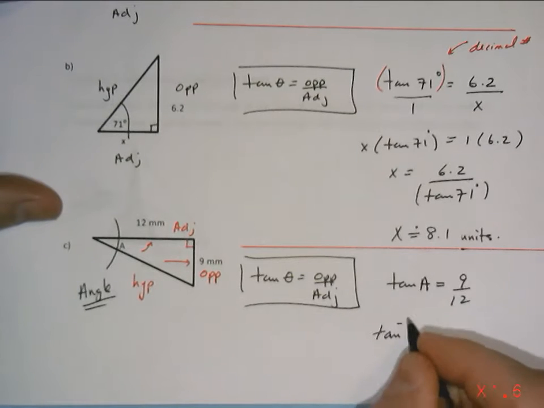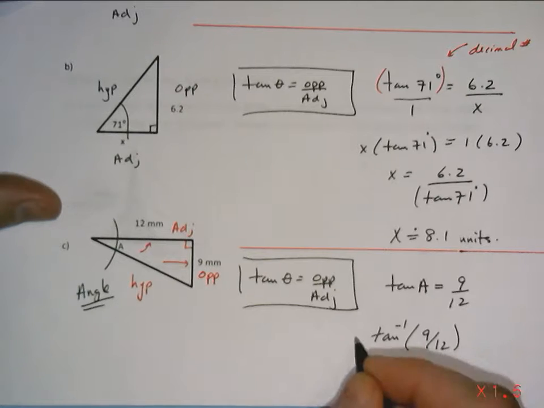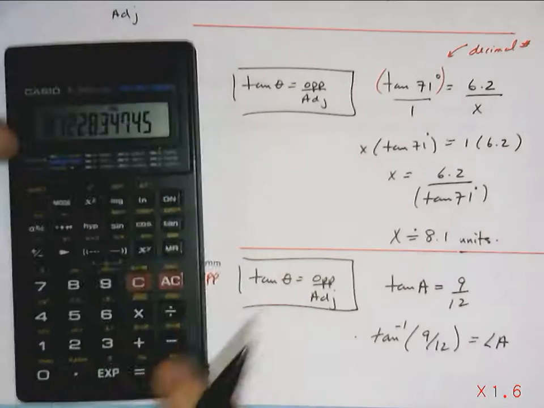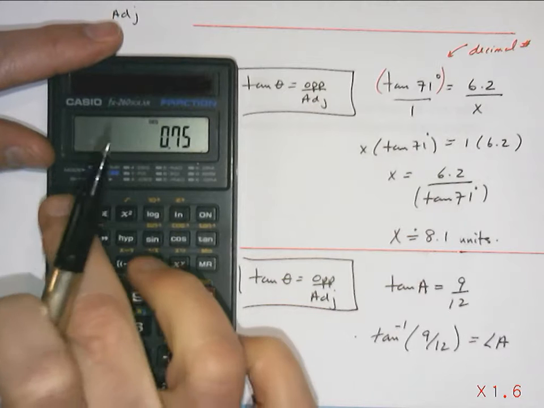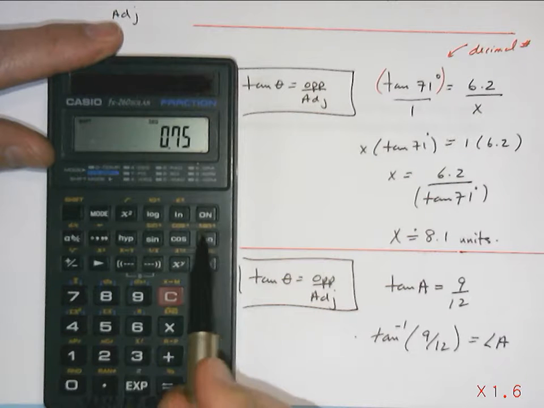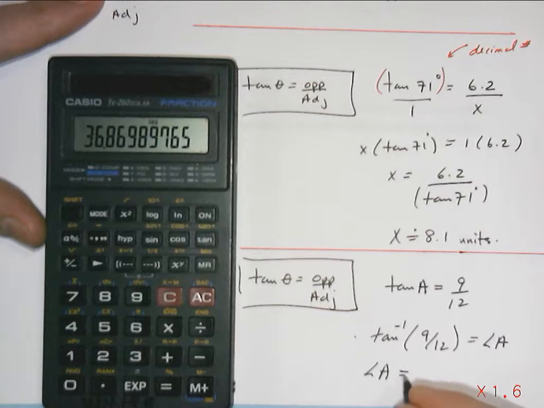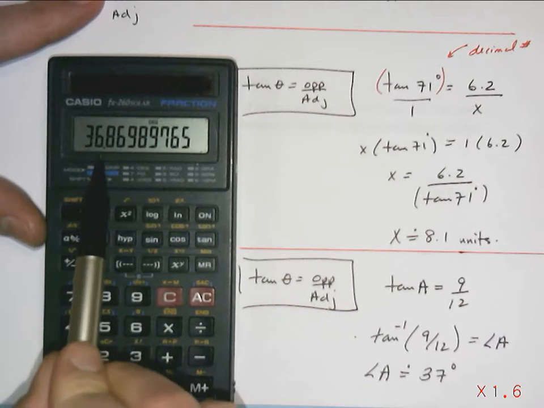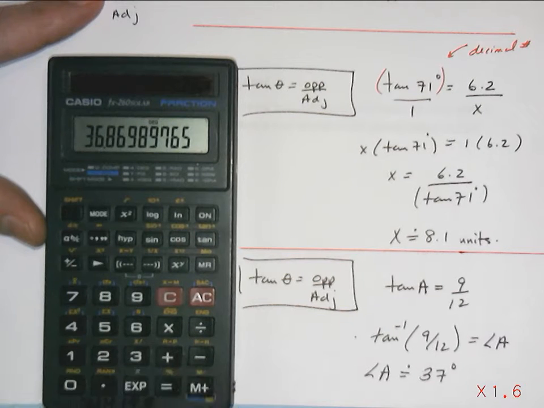So it's tan inverse, you need to write that, of 9 divided by 12, and all of this is going to equal angle A. So I have to do 9 divided by 12 first on my calculator, then second function tan, because I want the tan inverse, and I get angle A is approximately equal to 37 degrees. They haven't told me what to round to. I like to round to full degrees, and so the 0.8 will round that up to 37 degrees.